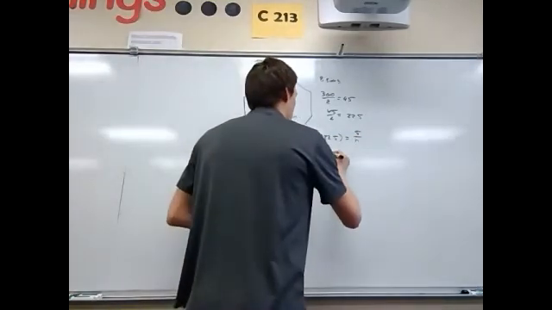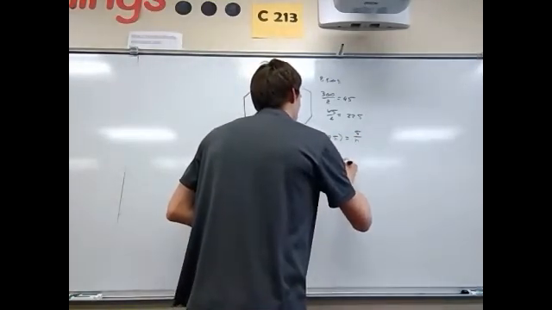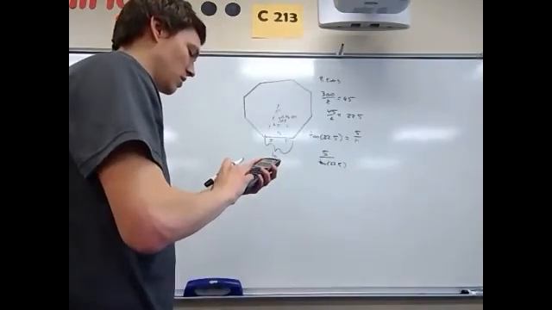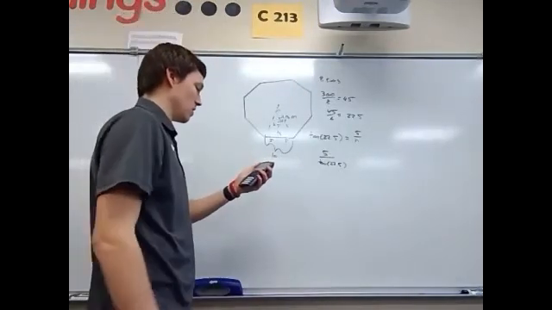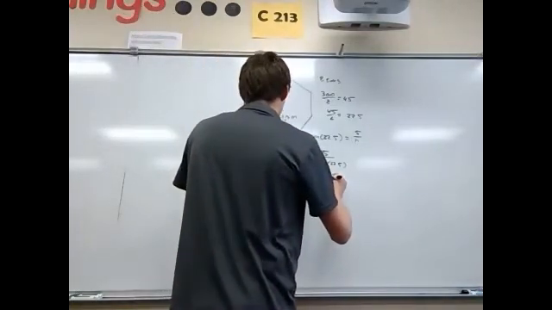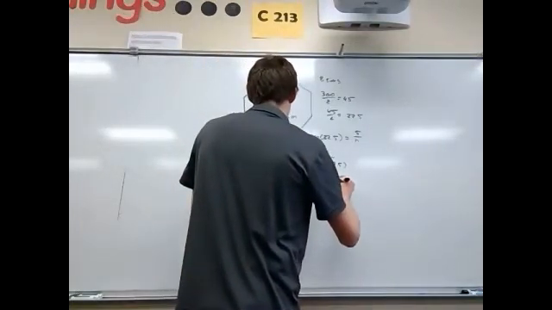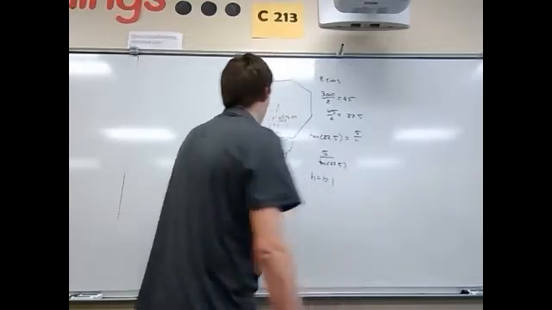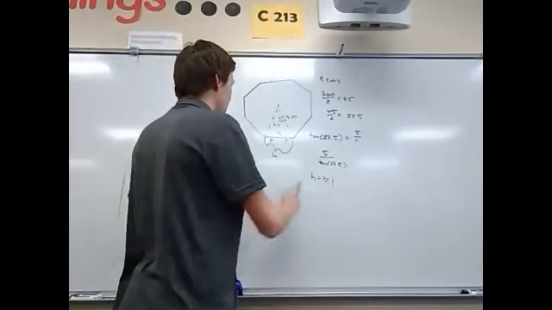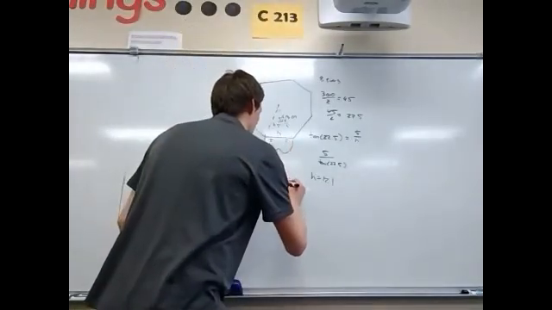And so I go 5 divided by tan of 22.5, and I get 12.1. So h equals 12.1. That's my height.